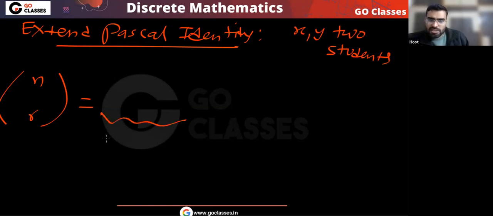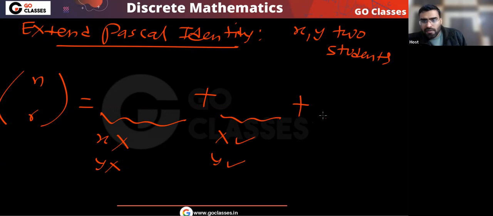Either none of them is selected, X is not selected, Y is not selected, or both are selected, X is selected, Y is selected, or one of them is selected: X is selected, Y is not selected, or X is not selected, Y is selected.